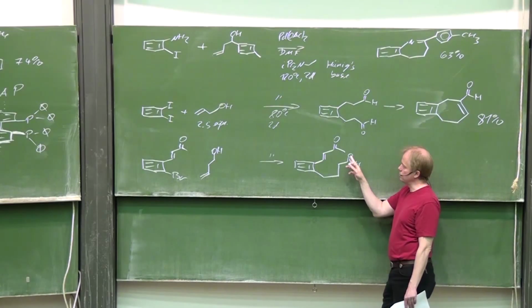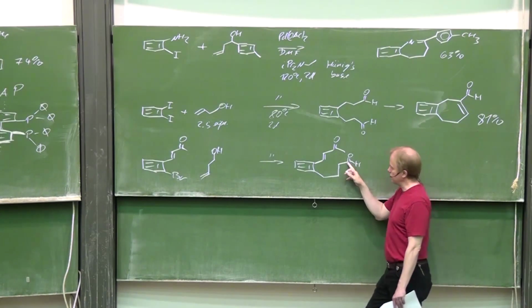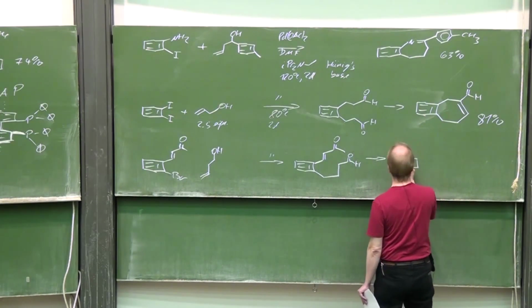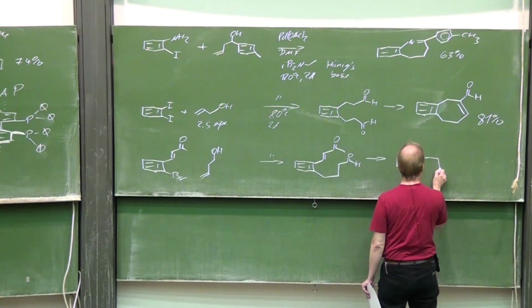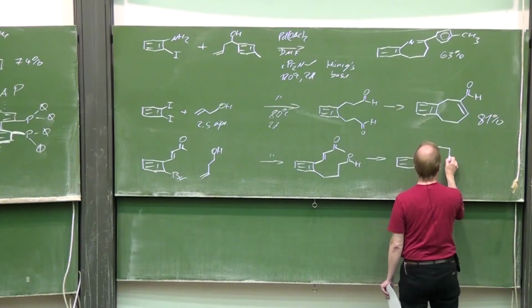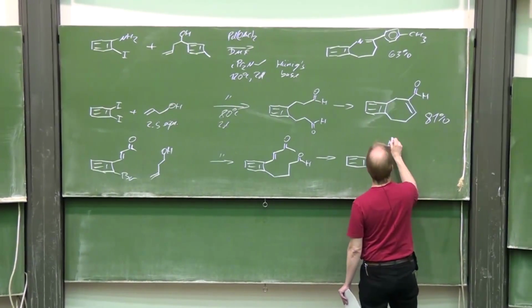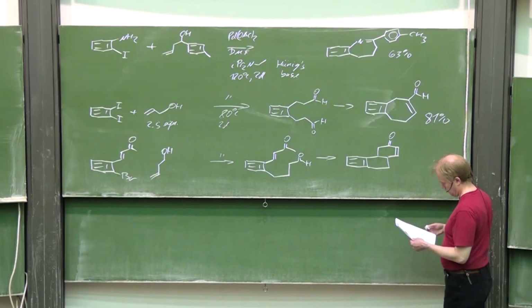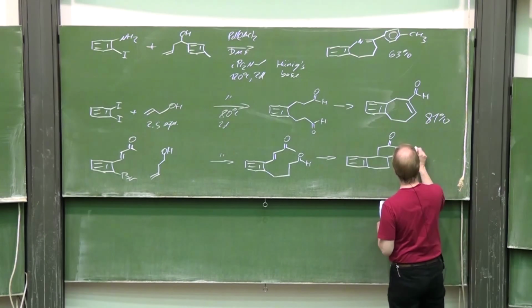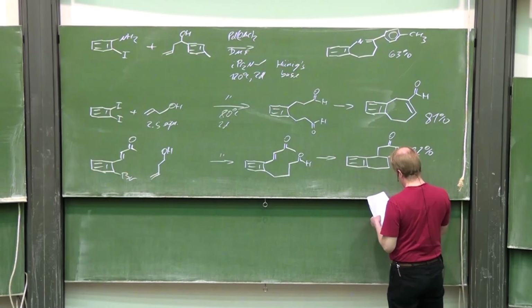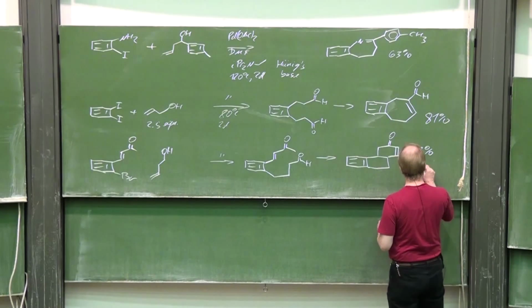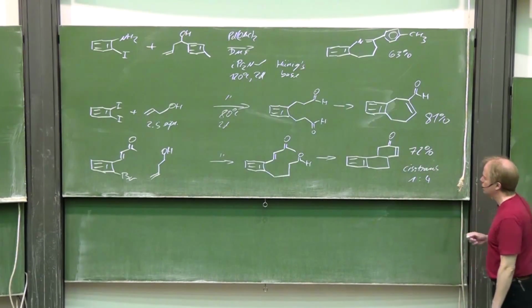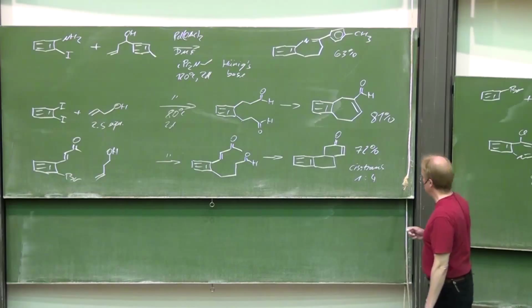Then we have that carbonyl group, and here an aldol condensation can take place, forming this ring system. 72% yield and cis-trans selectivity of 1 to 4 was the result of the analysis.